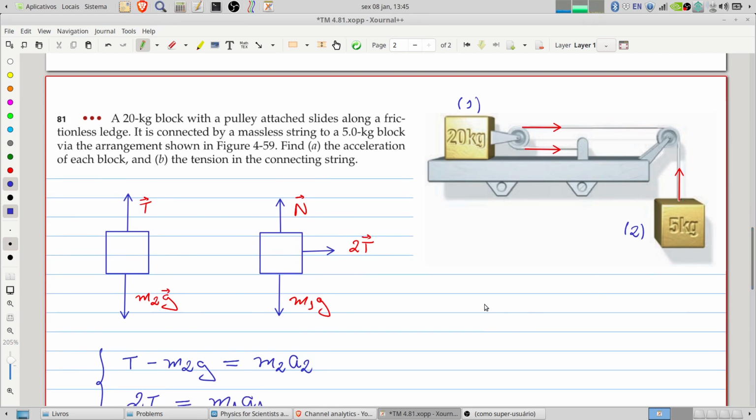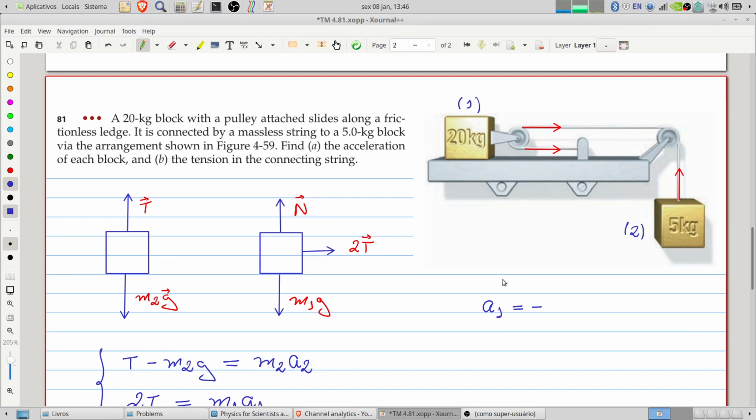We can write that the acceleration of block 1 equals minus, because here we are considering vertical positive going upward, and positive here is going to the right.